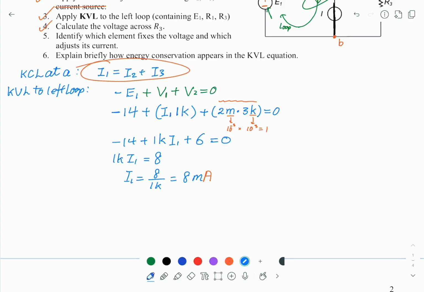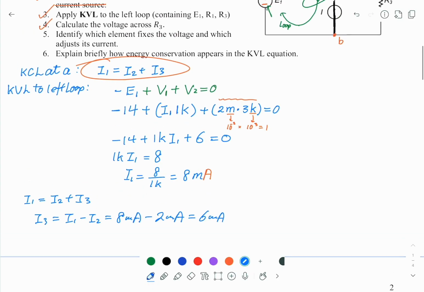Now look at this equation. It says I1 equal to I2 plus I3. So if we know I3 and if we know R3, we can calculate the voltage across R3. I3 equal to I1 minus I2. So it's 8 milliamp minus 2 milliamp and equal to 6 milliamp.